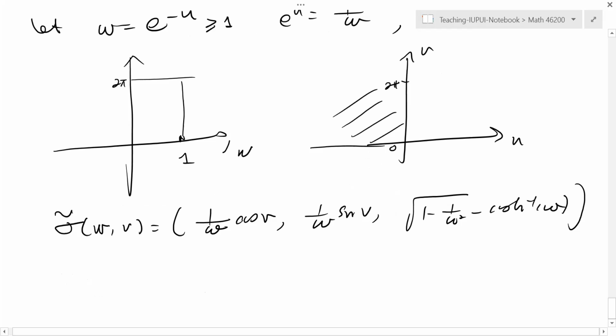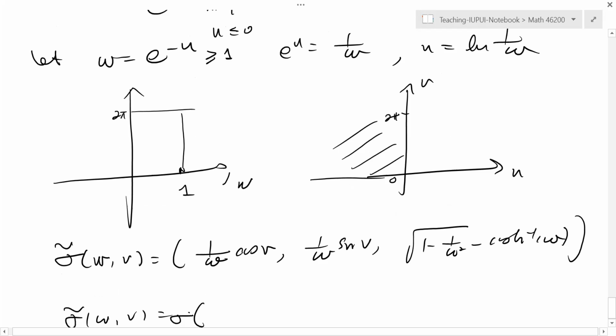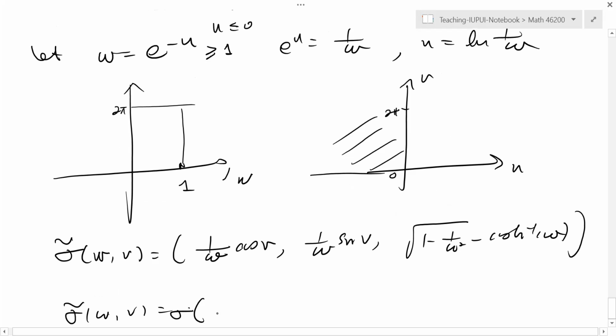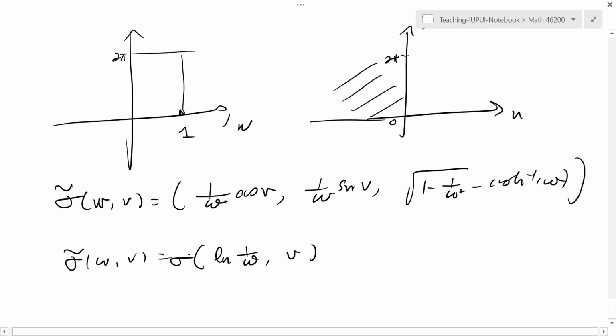It's related to the older one by sigma tilde of w, v equals sigma of natural log of 1 over w, v. I believe that w should be greater than or equal to 1.